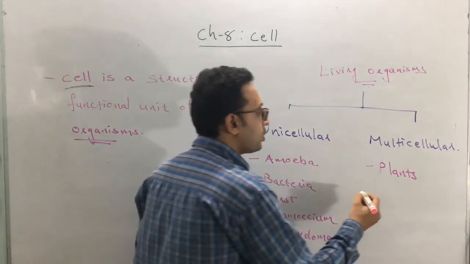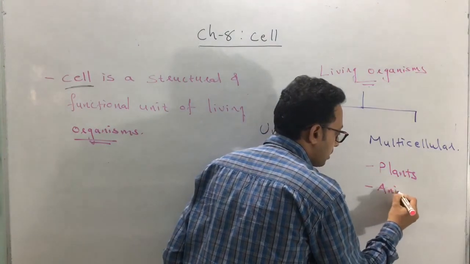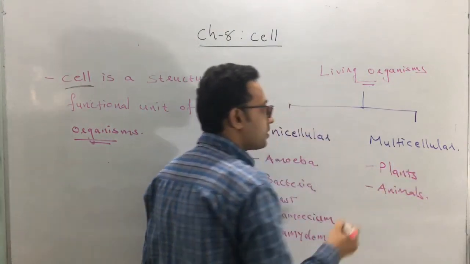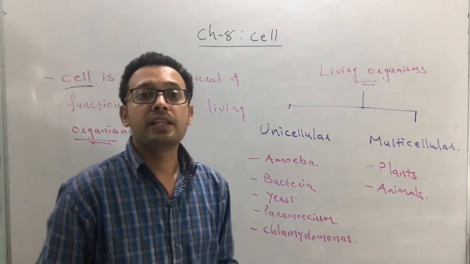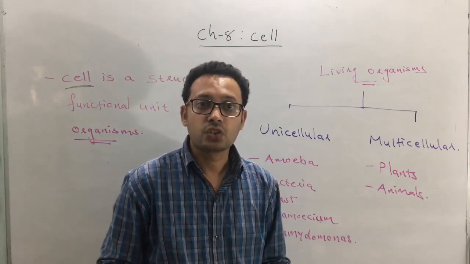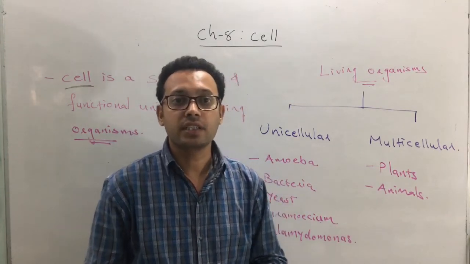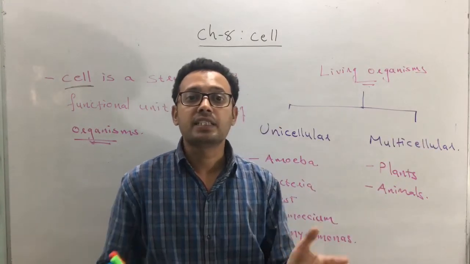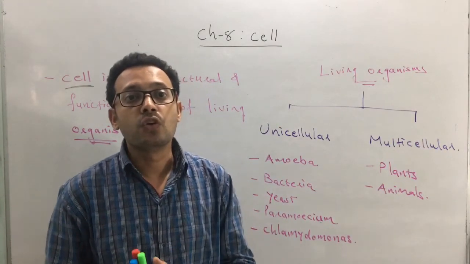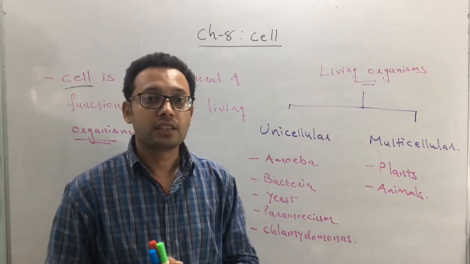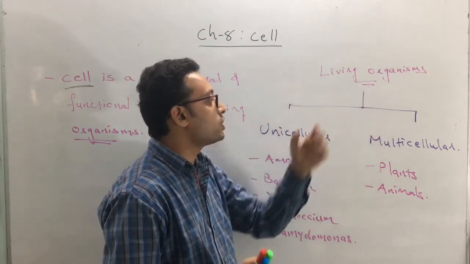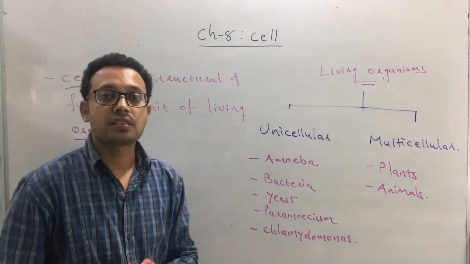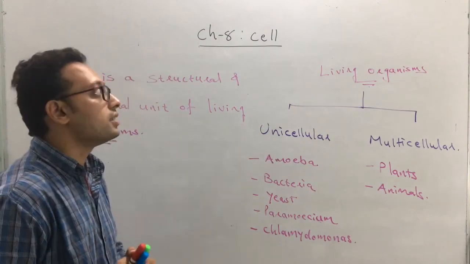Most of the plants and animals are multicellular, meaning they possess more than one cell. So this is a classification based on number of cells in a living organism.